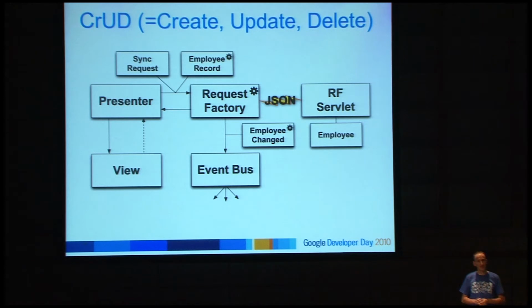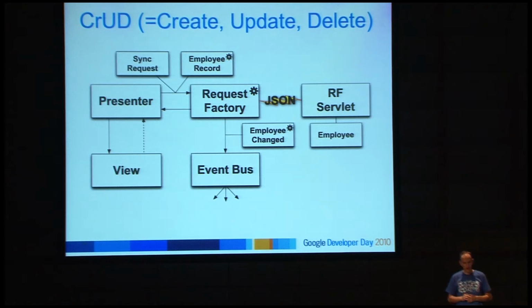The sync request will make sure that the changes that are made on the client in the view are transferred to the server. So we create one of these sync requests for an employee record. Let's say we've changed the first name property of an employee. We send it to the request factory, which sends it via JSON to the servlet.